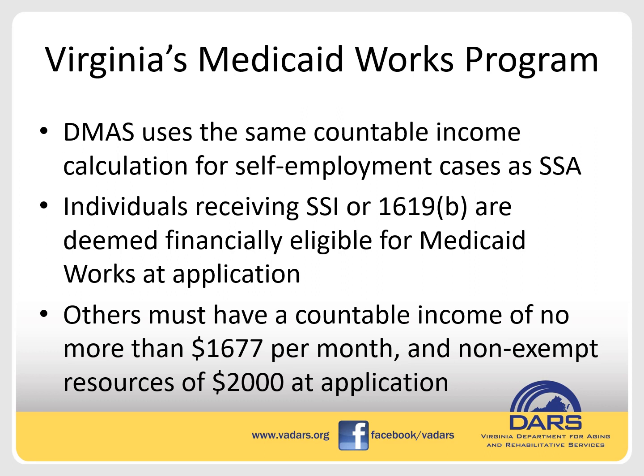Okay, so keep in mind that the earnings limit for 1619B and the resource limit for Medicaid Works is the same. Okay, so people can have a countable income of up to $75,000 per year and resources up to just about $48,000 and still keep their Medicaid coverage under Medicaid Works as they work.